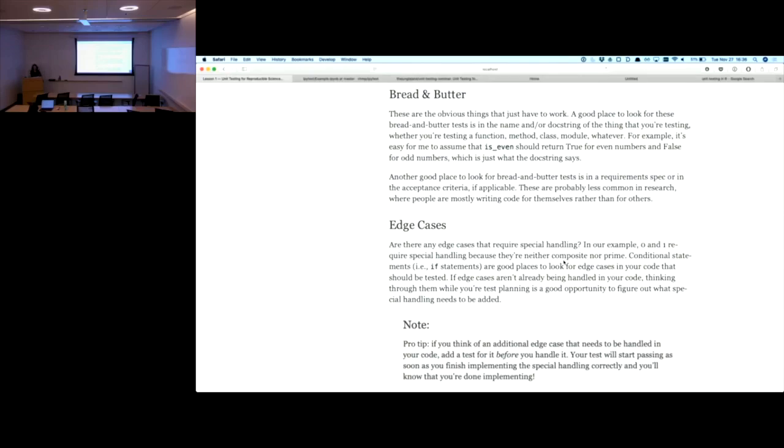So if you're in that scenario, you're looking at your code, you're in your test planning mode, and you're like, oh my god, there's this edge case that I'm not handling, and I need to handle it. Your example is, what if the user puts in a non-string? You say, okay, when that happens, I want my code to raise a type error.